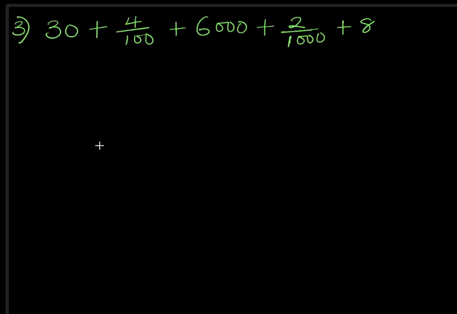Okay, we move down. Number three, I think this also needs to be arranged. So let's arrange this and see what we get. We can see whole number, whole number, whole number, and we are taking it from the biggest.